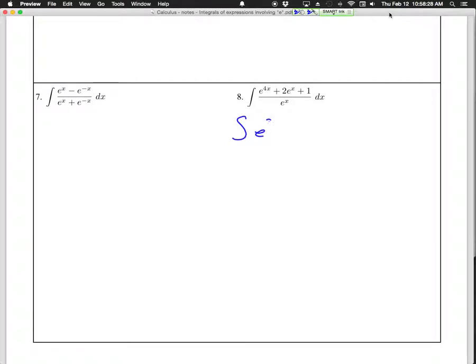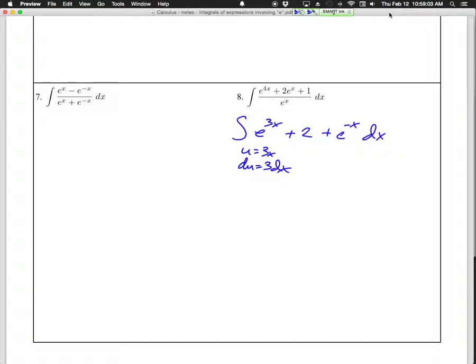So I'm going to have e to the 3x plus 2 plus e to the negative x. Now what? Just take the antiderivative of each part. Take the antiderivative of each one separately. So on this one, I'm going to need u equals 3x, which means du equals 3 dx.